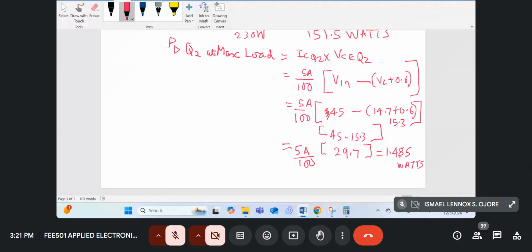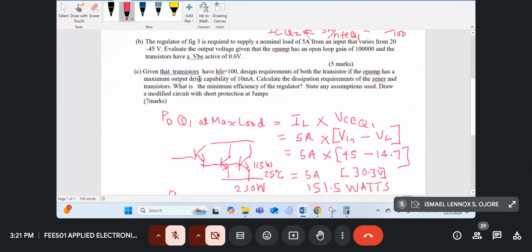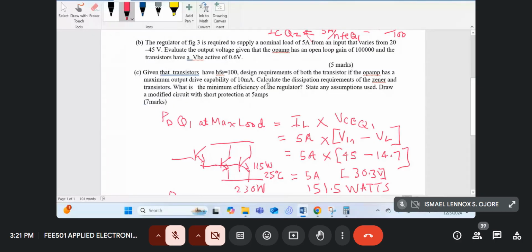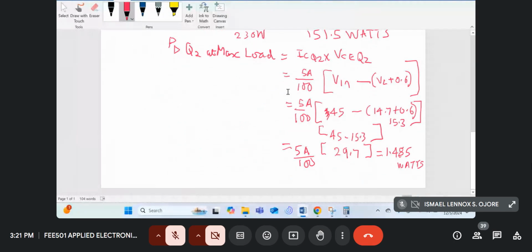And the next question was what? Next question: dissipation of the Zener diode, and then minimum efficiency of the regulator. The dissipation of the Zener diode is very easy, and some of you don't even get it right. I'll write it here.